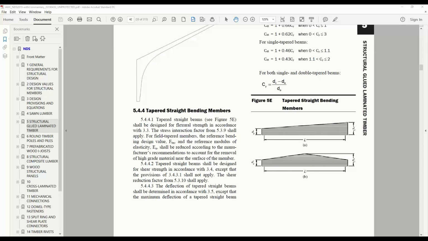We have that limit in place because when you have members in a connection, especially something like a steel side plate, and they're very far apart, they can restrain the shrinkage as the member acclimates to the moisture content in situ in its service life.